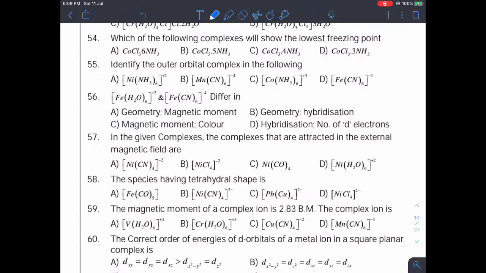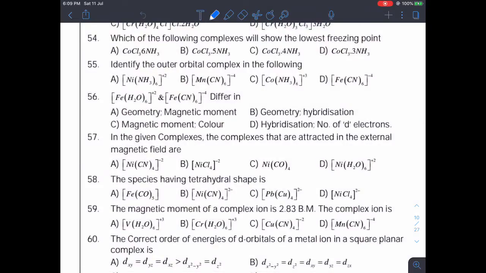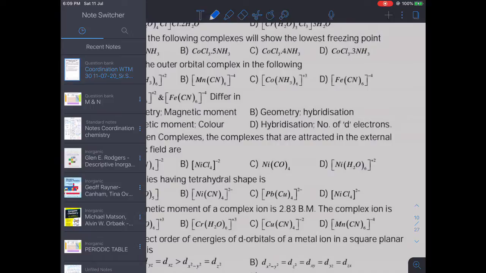If you talk about the method of how to approach this, let's see that. So one of the complexes is [Fe(H2O)6]2+ and the other complex is [Fe(CN)6]2+. Now we have to discuss the magnetic moment first.